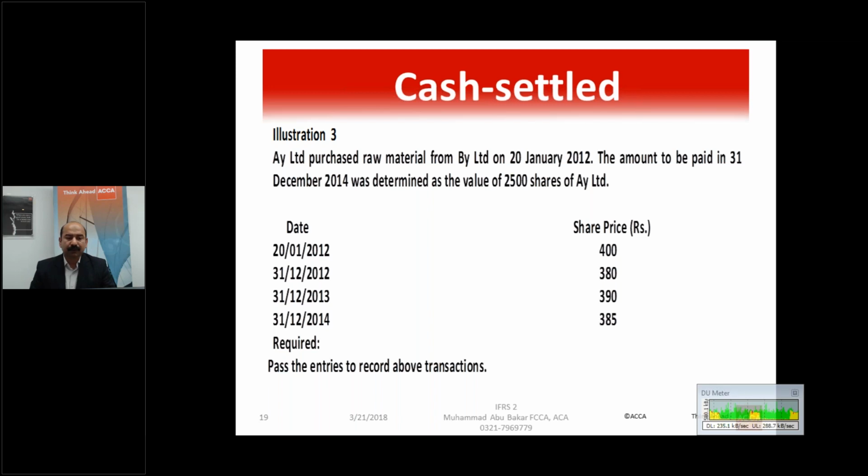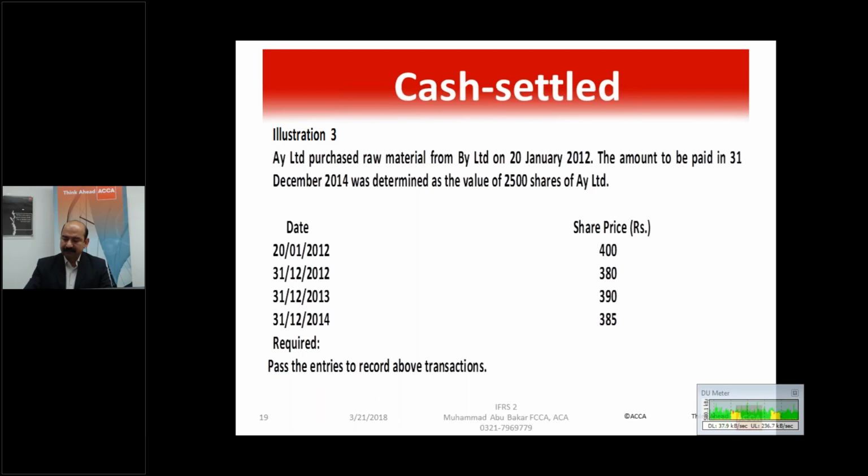On 31st December 2012, share price is reduced by 20. This means your liability is reduced. Initially, your liability was calculated on the price of 400. Now this price has changed. So what will be the effect? This 20 rupees per share, you will be multiplying with 2,500 shares.